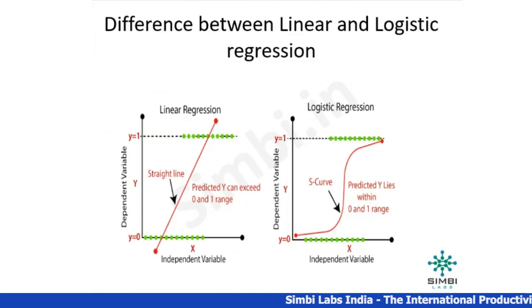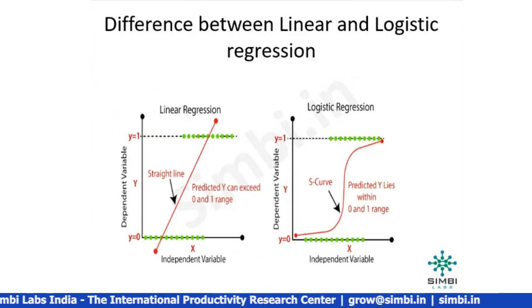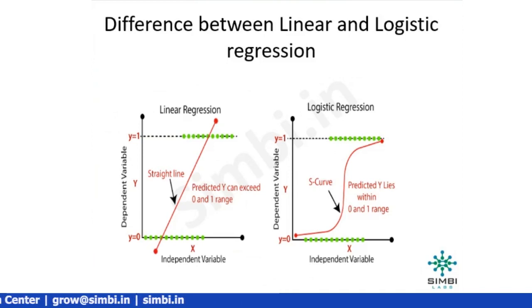In linear regression, we predict the value of continuous variables, whereas in logistic regression, we predict the values of categorical variables. That is the main difference.